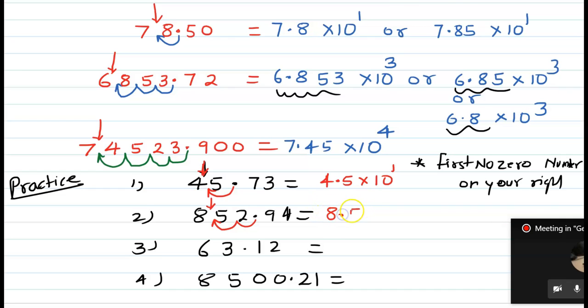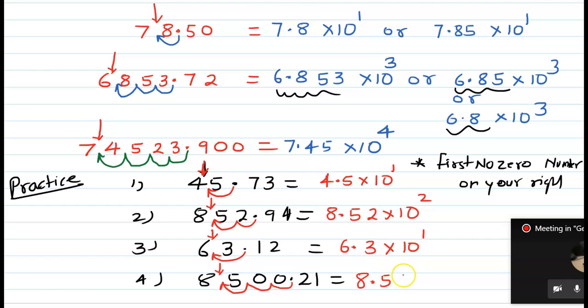So 8.52 into 10 to the power 2. Here you are going 1 step back, so it will be 6.3 into 10 to the power 1. And here you are going 1, 2, 3 steps back. So it will be 8.5 into 10 to the power 3. Nice and easy. Is that okay?